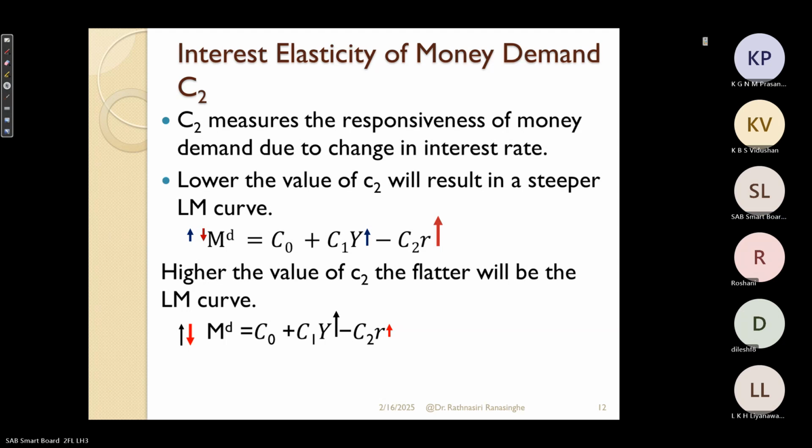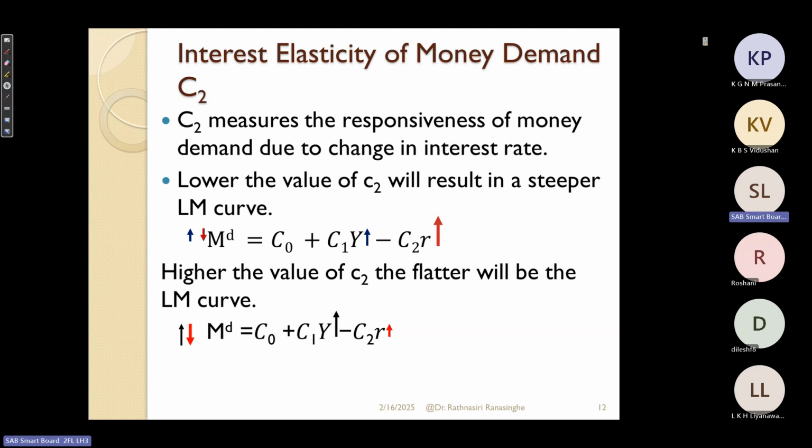If people believe that the interest rate will increase in the future, then they know that there will be a decline in the price of bonds in the future. That will make capital losses. So therefore, they will reduce the demand for money. That's why there's a negative relationship between the interest rate and money demand.